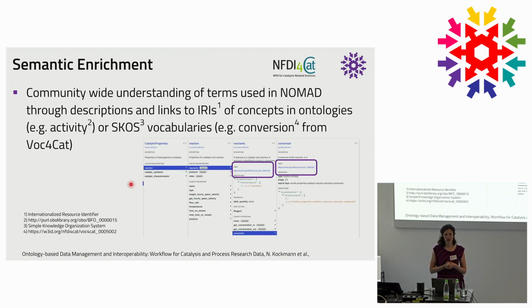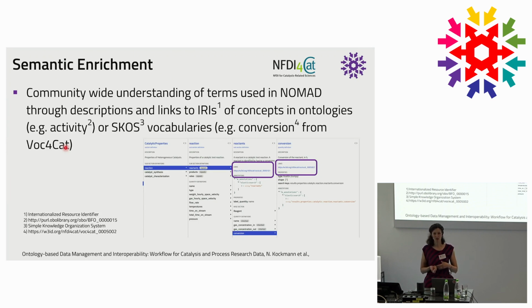Okay, then I think one important part to ensure also the future understandability of these schemas is to link this with community-wide understanding of the meaning of those terms. So what I did is to link each quantity and section name to a definition in an ontology or vocabulary.